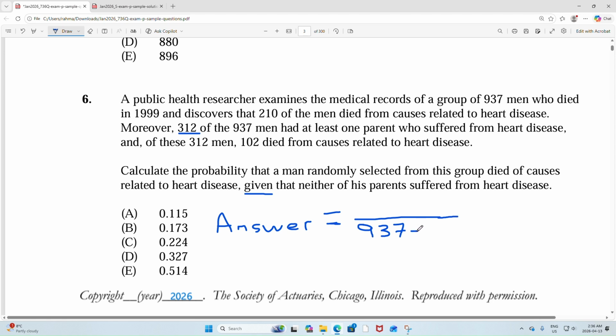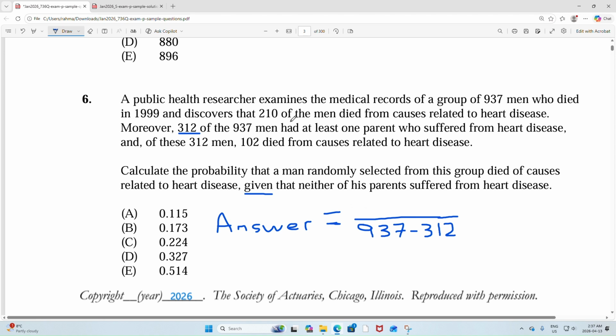So if we subtract out the 312, that will leave us with exactly the number of people in the group who had neither parent suffer from heart disease. And then we want to know the number of this group that died of causes related to heart disease.